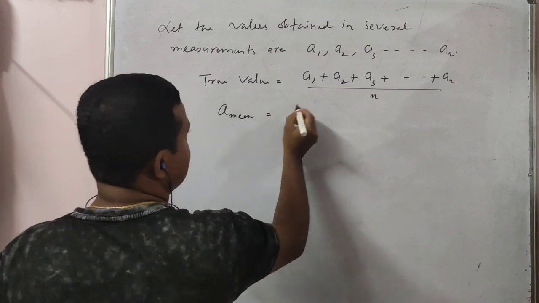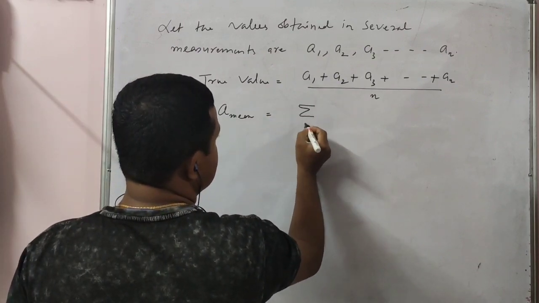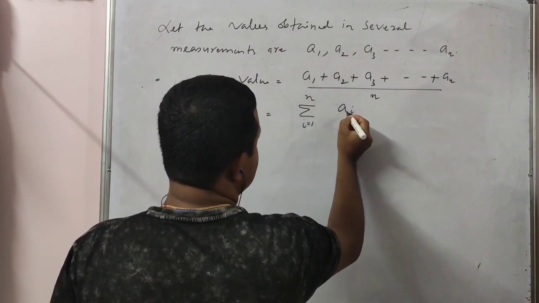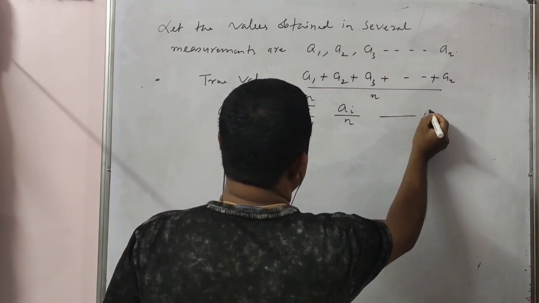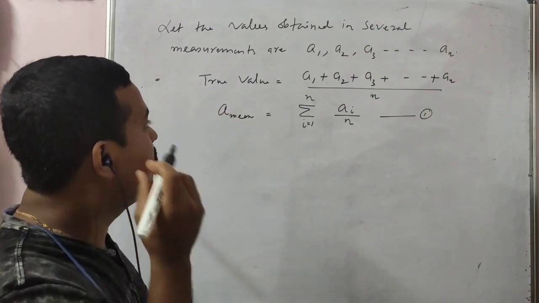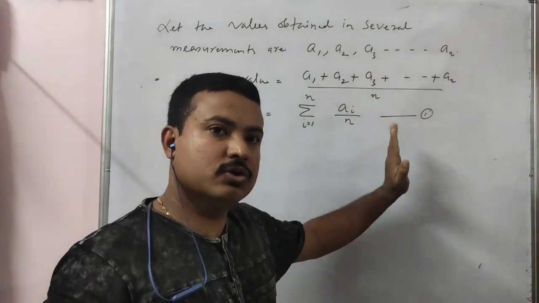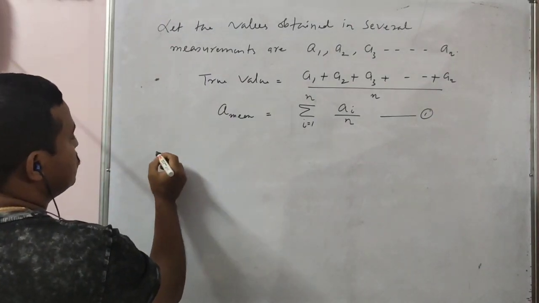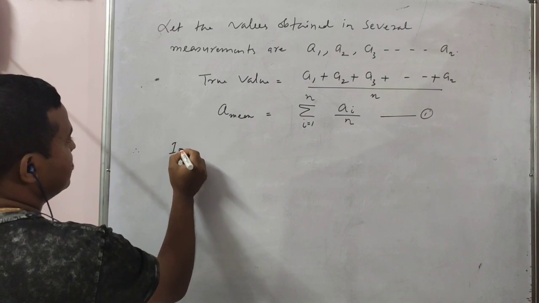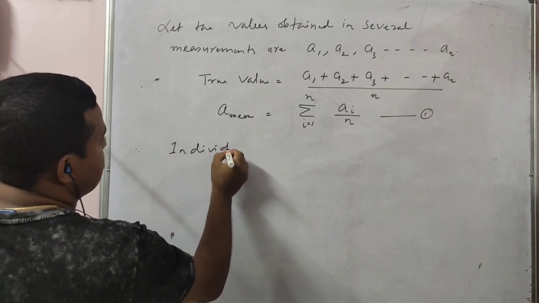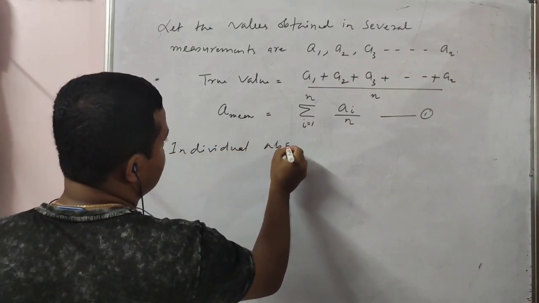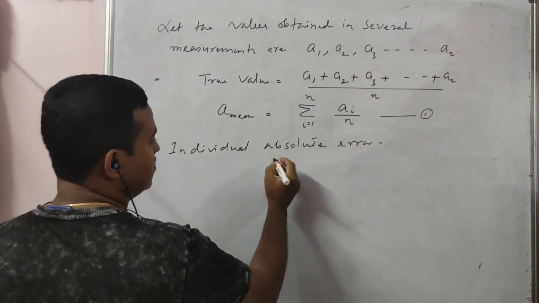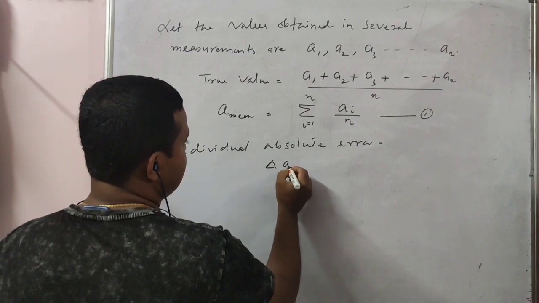You can write it like that: summation i equals 1 to n, Ai divided by n. So this is the true value. That is, the mean value of all the measured values gives you the true value. So this you have to remember. So now we get the true value. So first you find the absolute errors, that is delta A1.